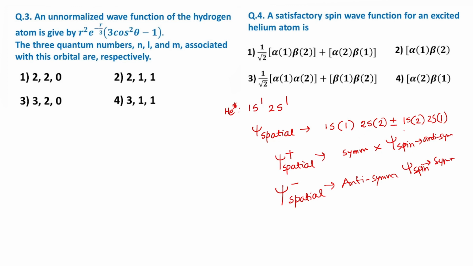For the positive one, you have only one spin part. I am directly writing the spin combination because there is only one option. Your first electron could have alpha and the second have beta, and the second electron could have alpha spin and the first have beta spin. This is the only antisymmetric spin combination that is possible, right?